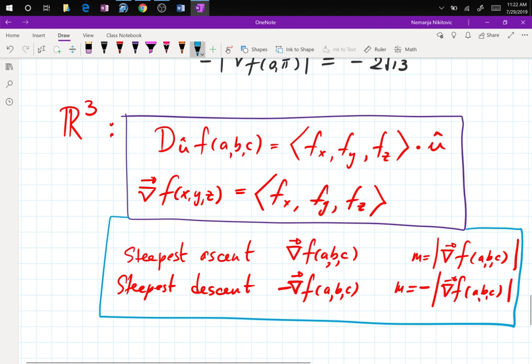Well, you have to understand that when you have the R3 case, R3 is your input, that's your domain. So if the entire three-dimensional object which you hold in your hand is the domain, what would be the range? The range could be the temperature. We talked about air conditioning dispensing cold air, and the temperature in the room is not everywhere the same. The coldest air is close to the vents.